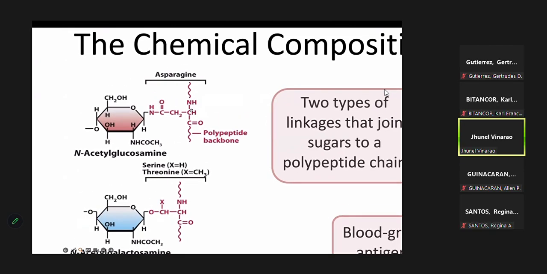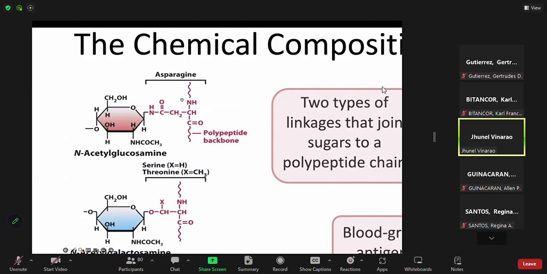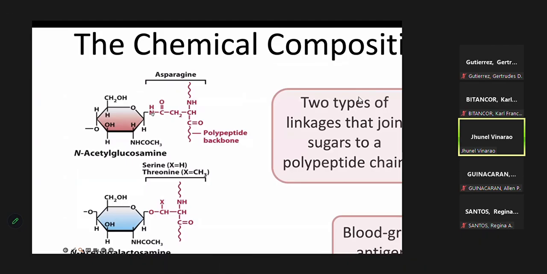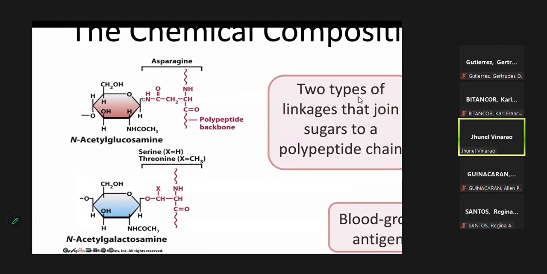The bonding of sugar to protein is mediated by N-based and O-based glycosylation. It can be N-glycosylation if what interacts is the amino group, the nitrogen-containing compound of that amino acid.